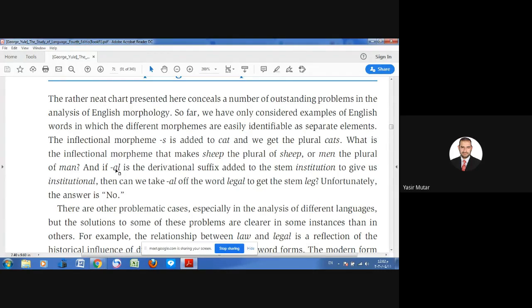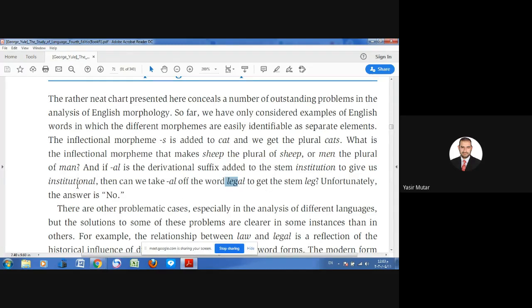So what about words that end with al, like legal? There, the al is structurally part of the word, so I cannot cut it.